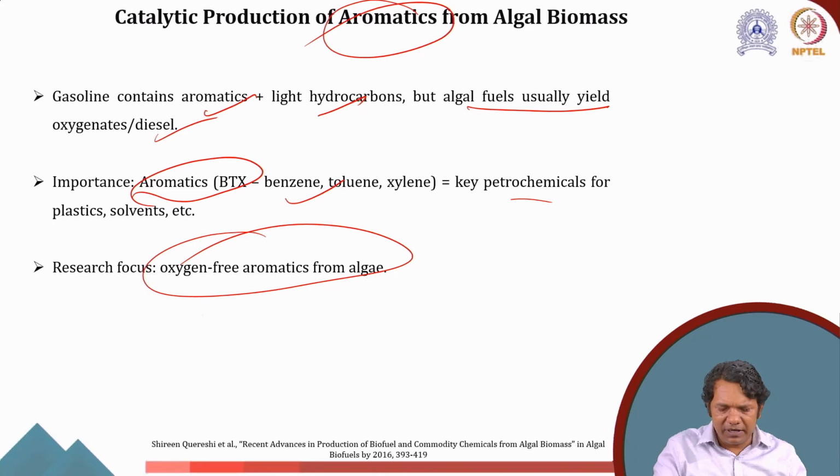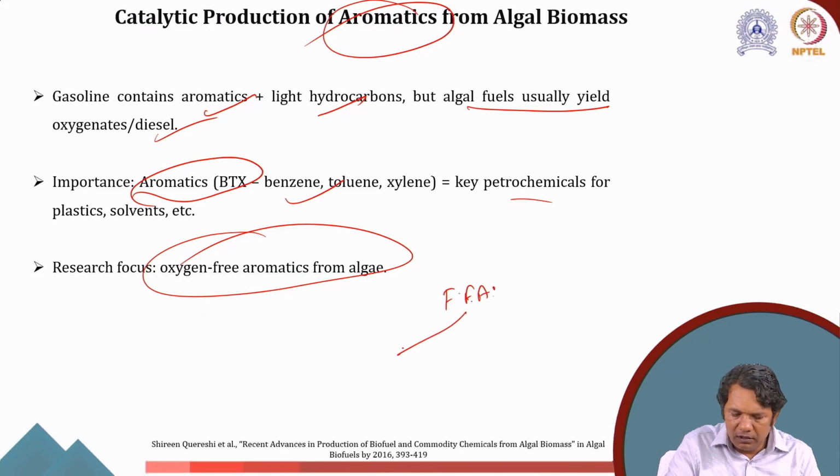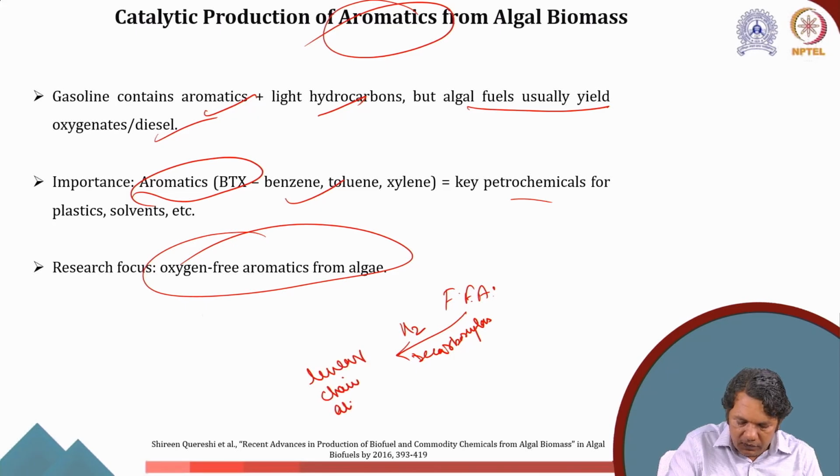Besides that, we can make polymers. So for example, as I said, let's say we have free fatty acid coming from algae. There are two possibilities. If I give H2, via decarboxylation, I can get a linear chain alkane, right?